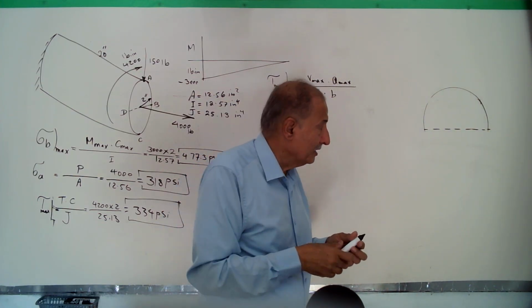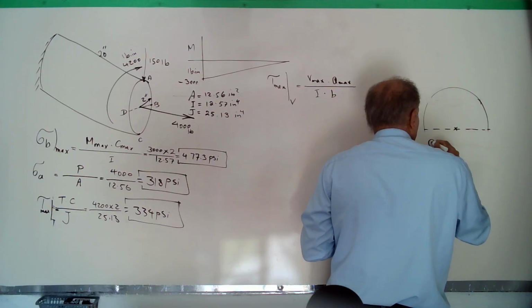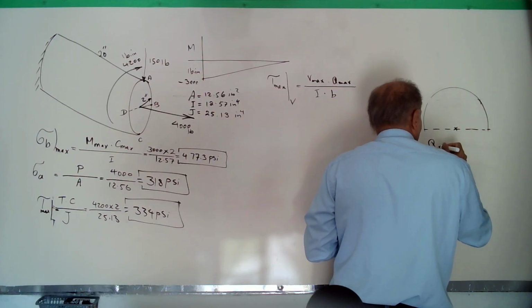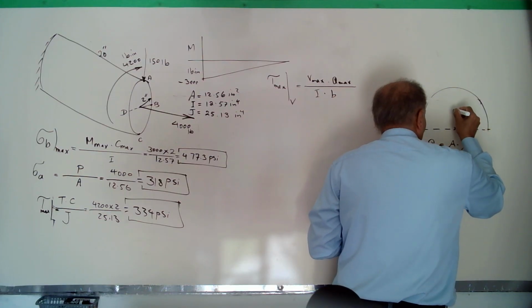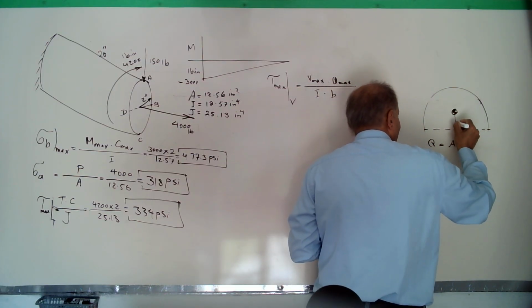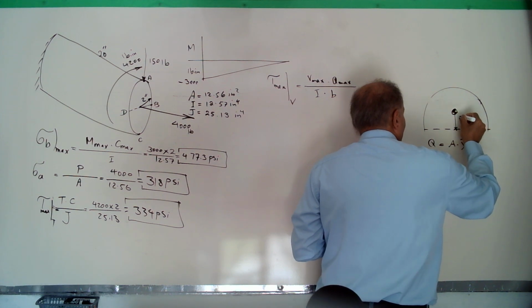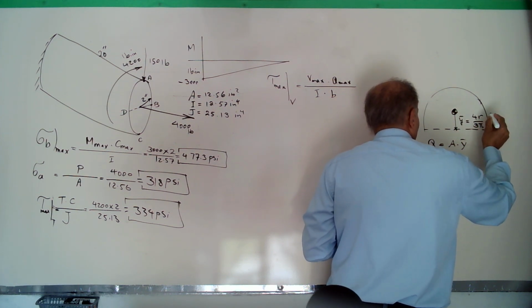And this Q for this cut section is equal to A times Y bar. Y bar is the centroid of the semicircle from the neutral axis, which is equal to 4 times the radius divided by 3 pi.